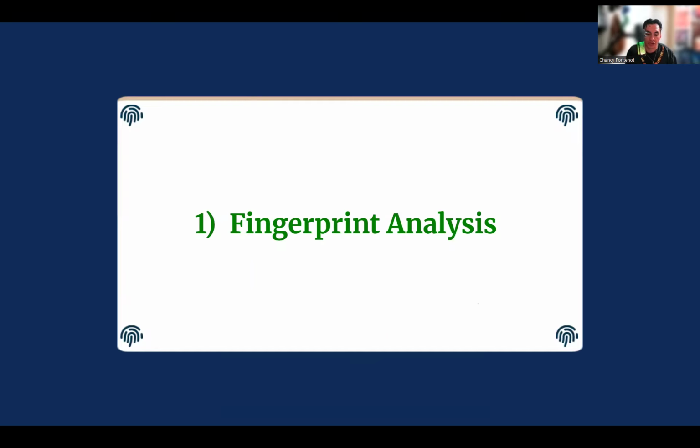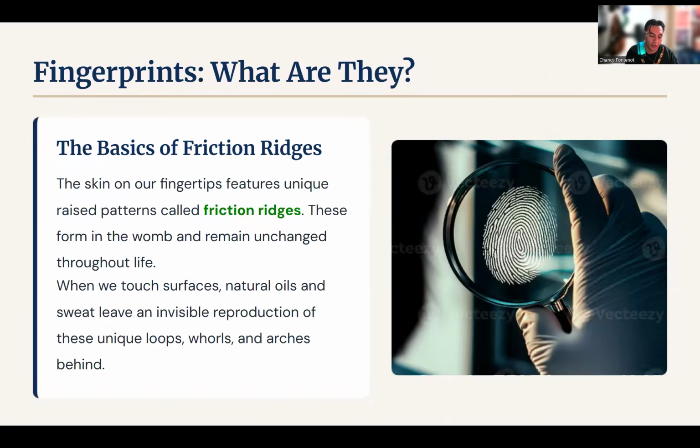We'll start with our first pillar, and it's the most classic tool in the handbook, and it's fingerprint analysis. The biology here in fingerprint analysis relies on something called friction ridges. These are the tiny raised patterns on your fingerprints.